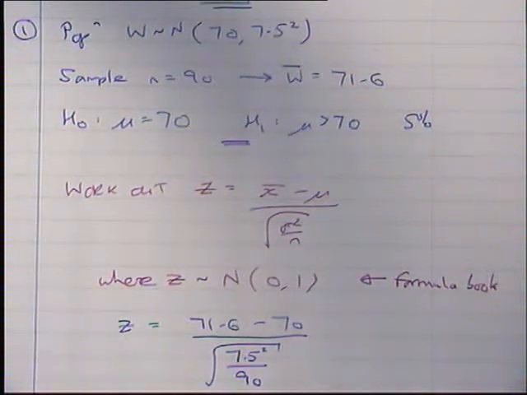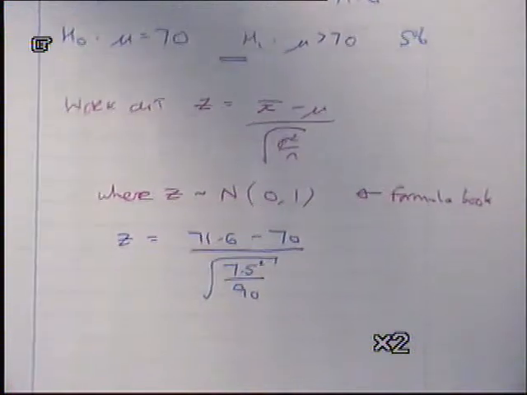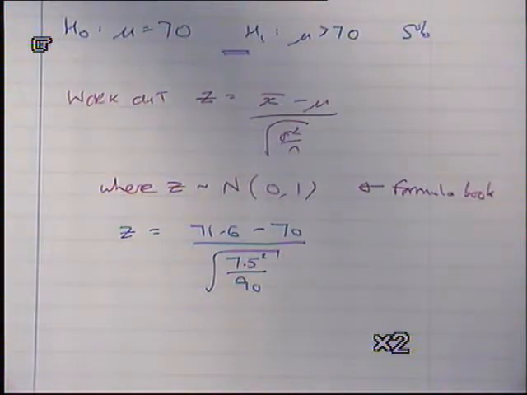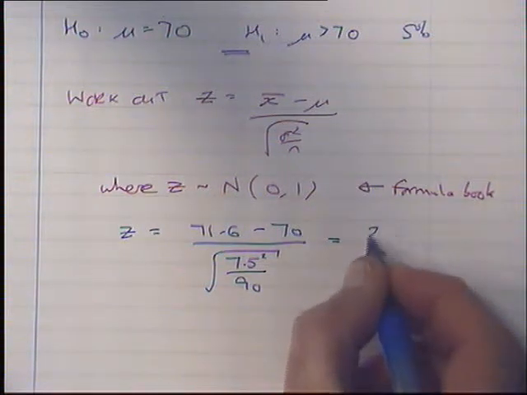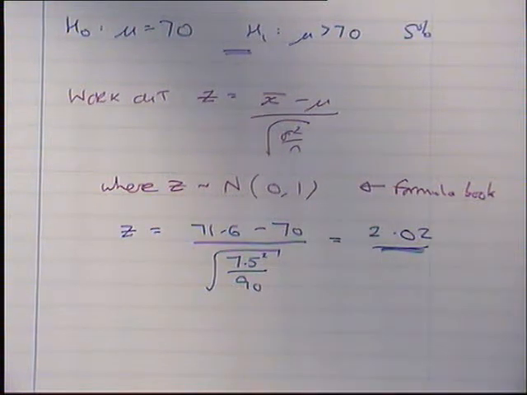It is time to reach for your calculators, press buttons in the right order, and tell me a number. 2.0238. Yeah, I've got 2.02, okay? So that is our Z number.